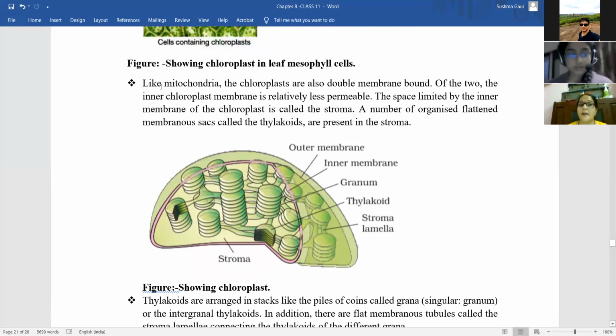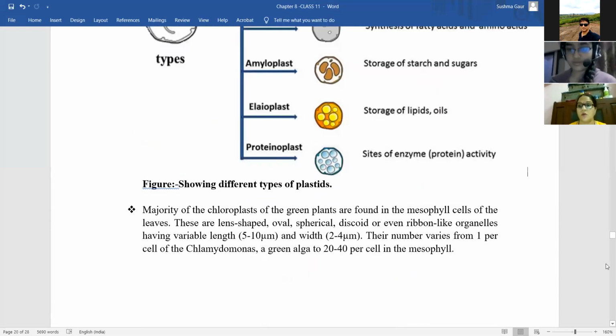Chloroplast. So like mitochondria, the Ma'am, just a second. I'll go inside the room. Okay, beta.